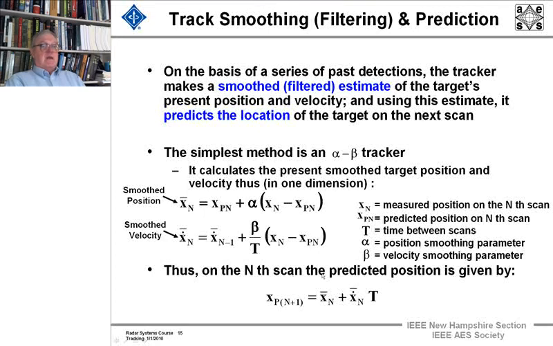On the nth scan, the predicted position is given by this. So for the next predicted position, we take n, and these are with bars, the smoothed, and the dot means it's a velocity. What we're taking is that the predicted position on the next scan is the smoothed velocity measured on the last scan times the time between scans. And that will give you the predicted position.